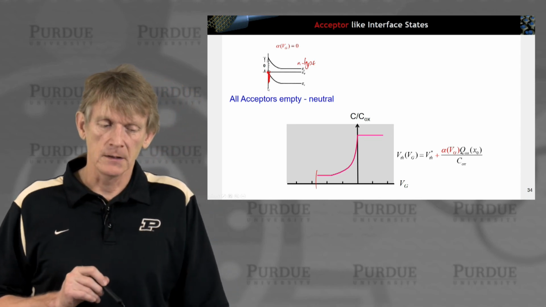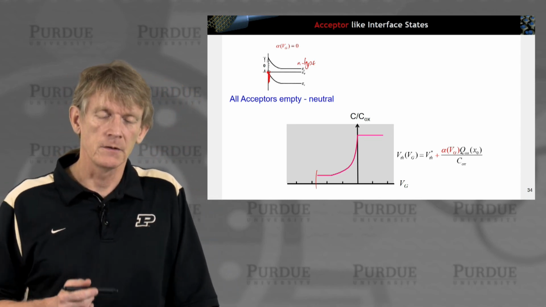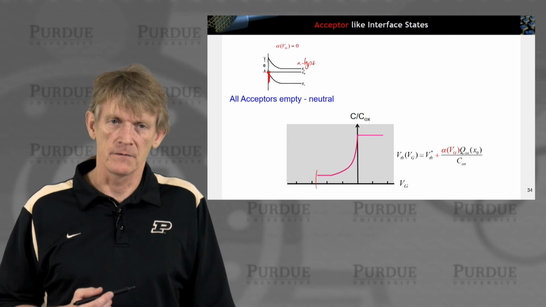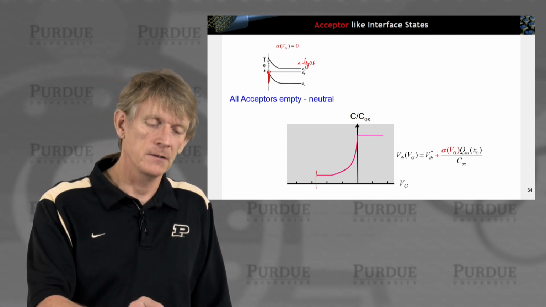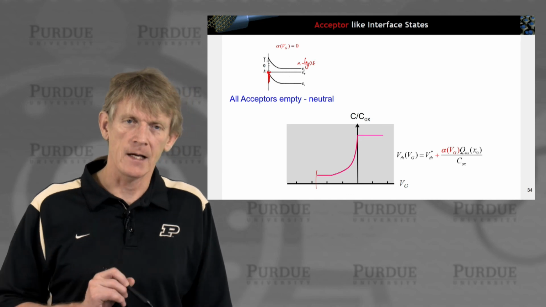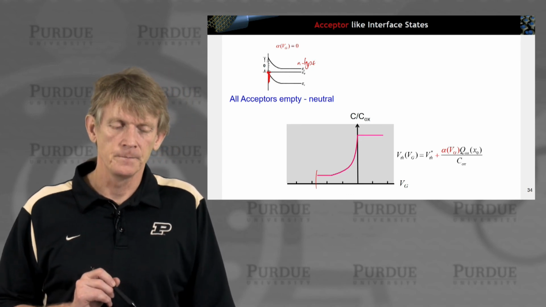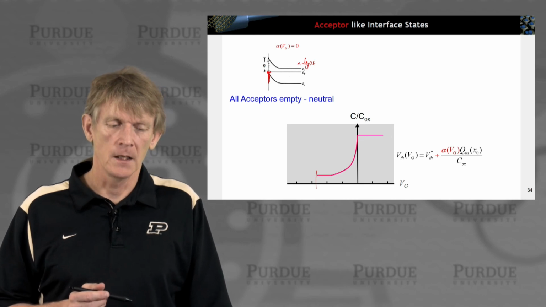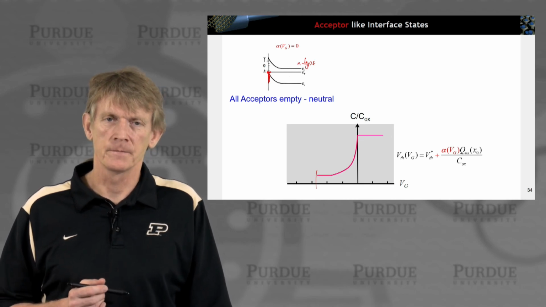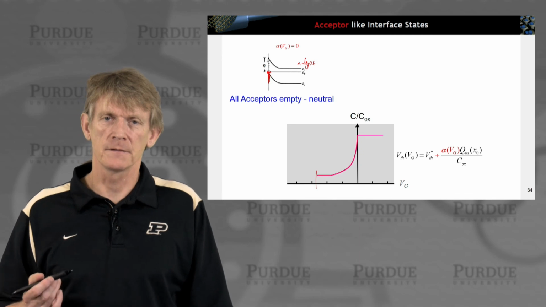And the Fermi level is close to the valence band, but it's inverted, okay? So in this condition, where the Fermi level is almost under the gap, all the acceptors are empty, and they're neutral, okay? So no shift at all.